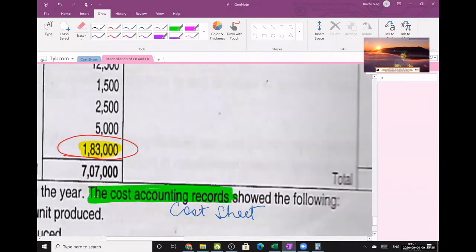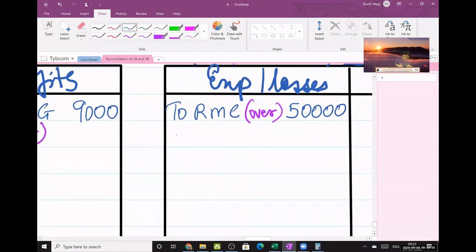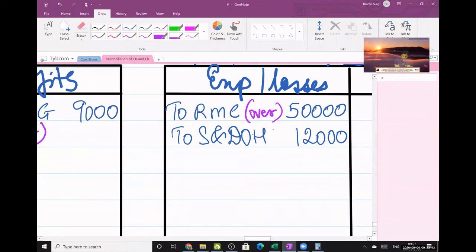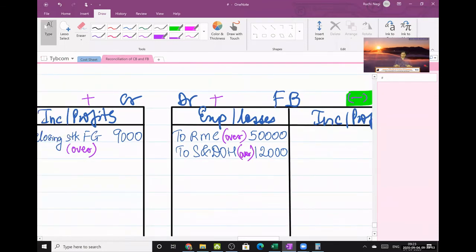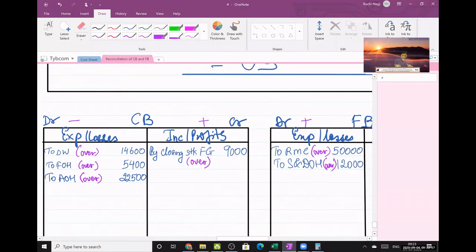So write down in finance books around here: selling and distribution overheads 12,000, the excess value. Next.